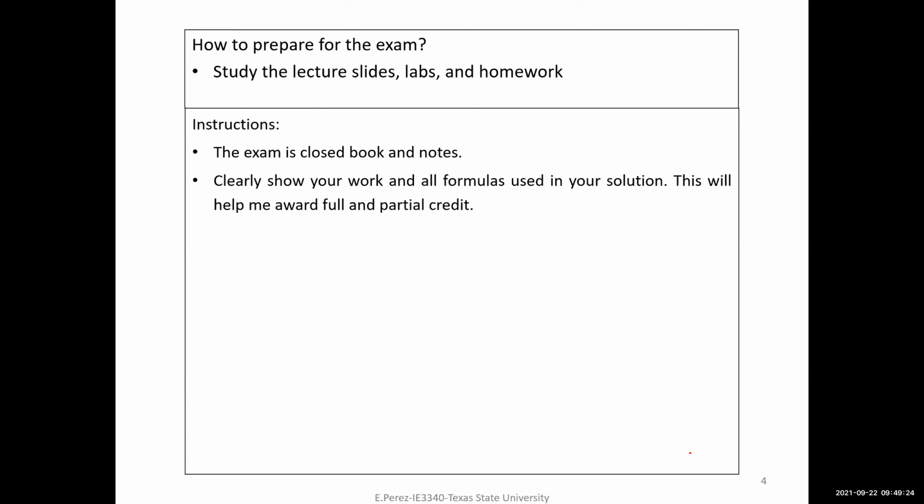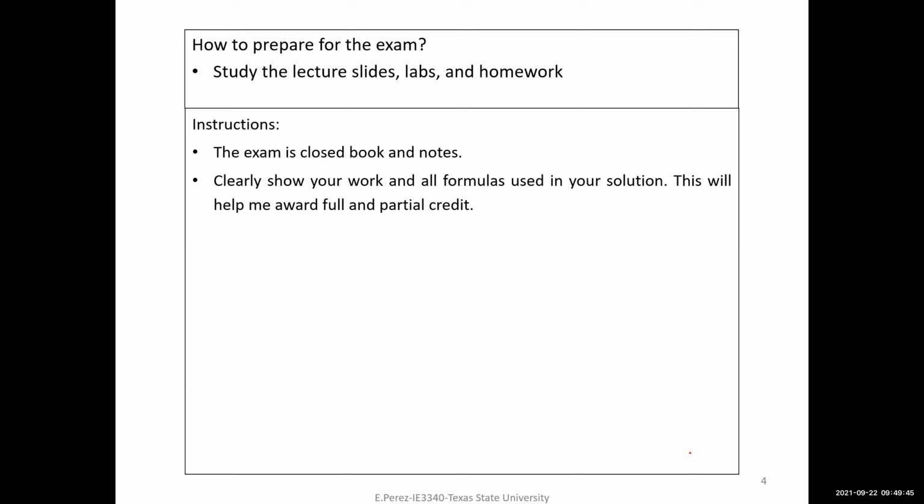I want to emphasize that you need to show your work as clearly as possible. In case you end up providing a wrong solution, if you show me your work, I can provide you with partial credit, but I can only do that if you show me the steps.